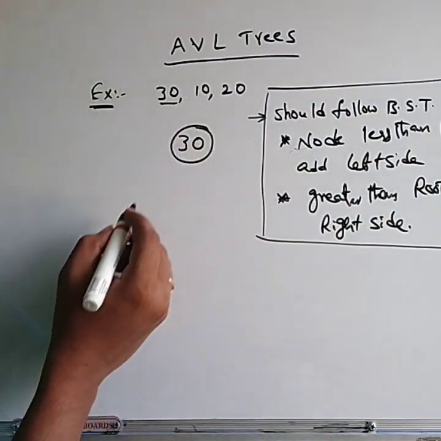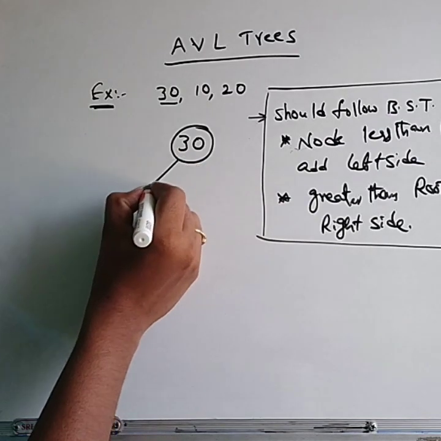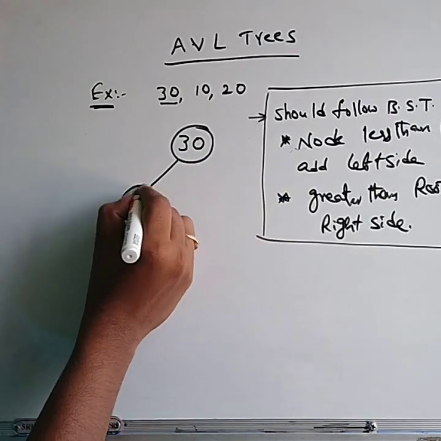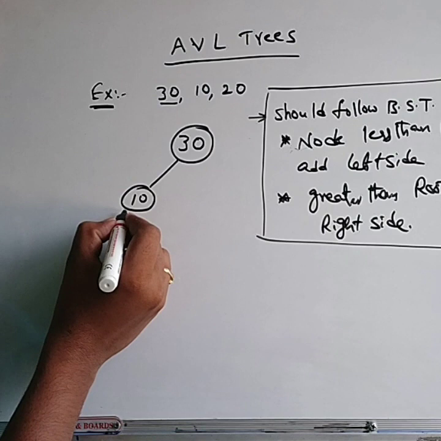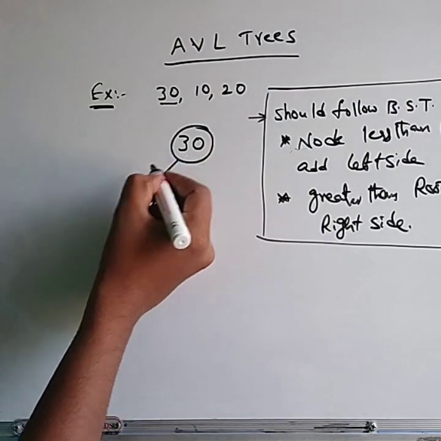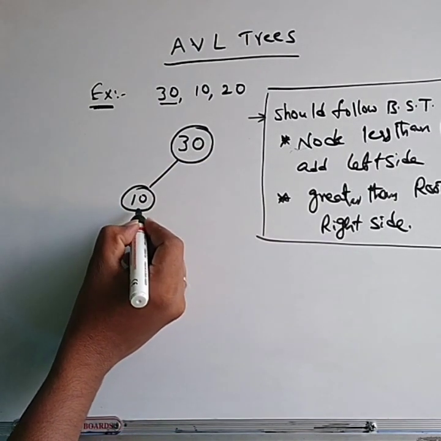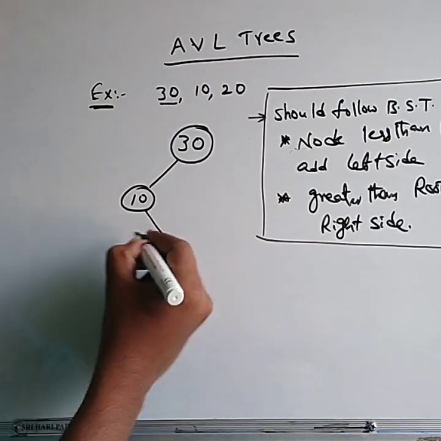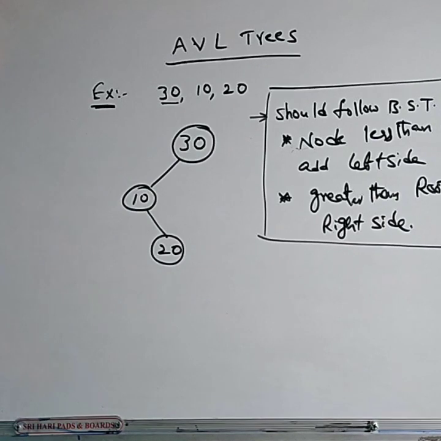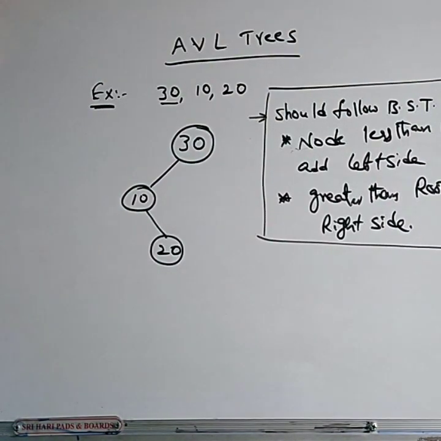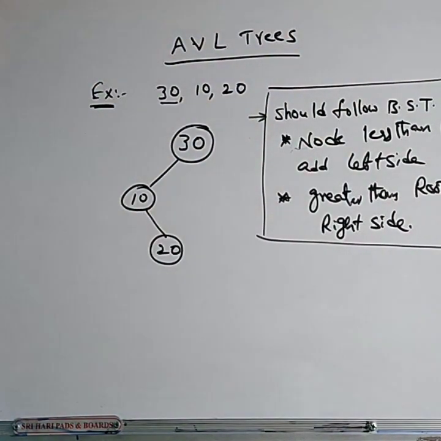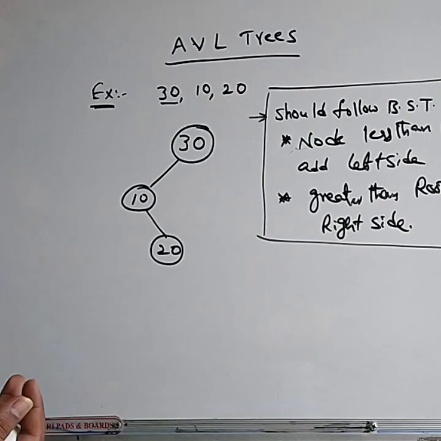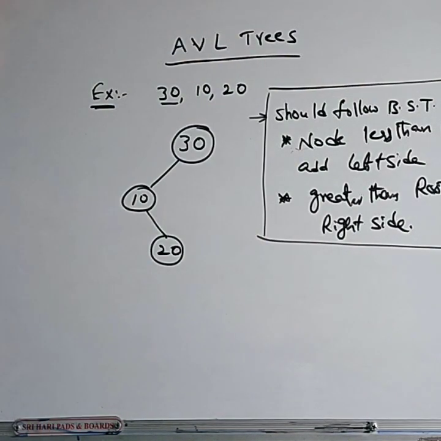So now the second node is 10, so 10 is added here. The third node is 20. Less than 30, go left. The left side already has 10, but 20 is greater than 10. So apply the balance factor, either after construction of the tree, or before adding each node you can find the balance factor.